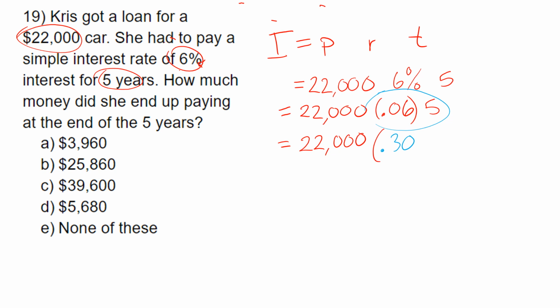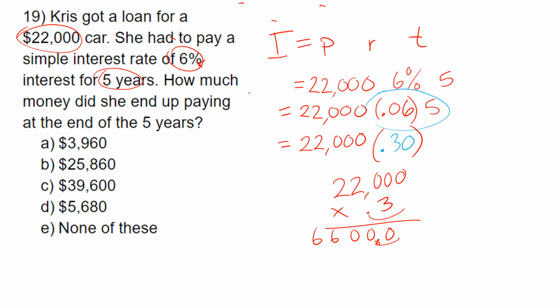And so it's really just 22,000 times 0.30, which is really just 0.3, and that makes it a little bit easier. I move the decimal one time, and it's $6,000.